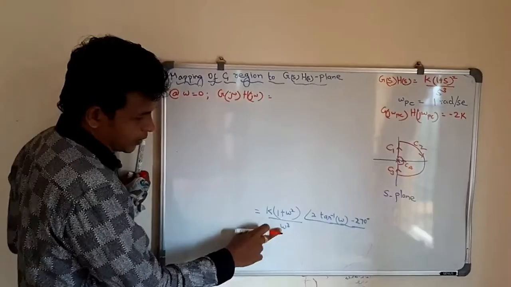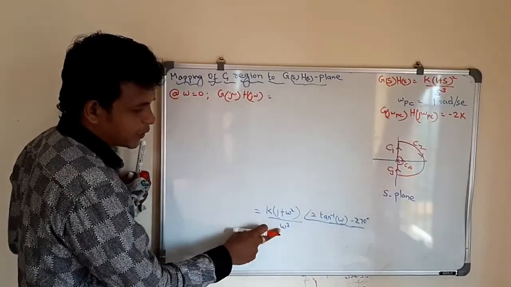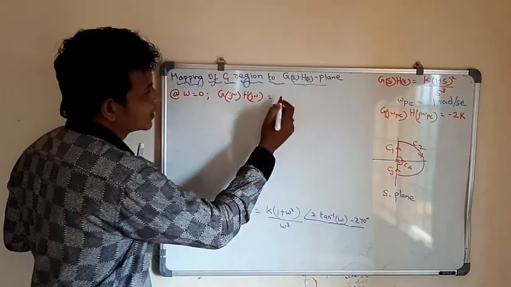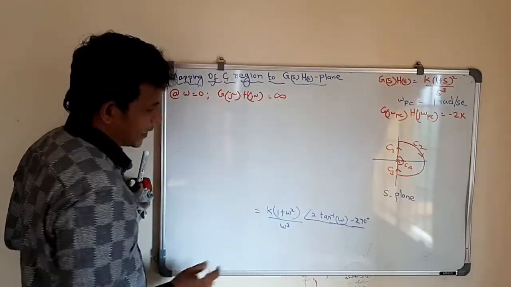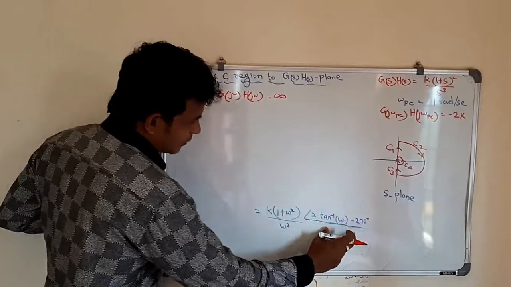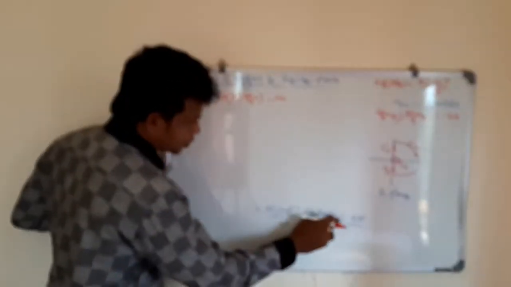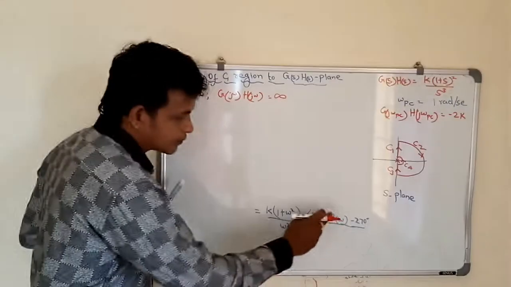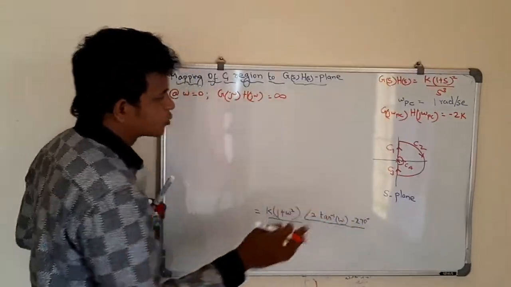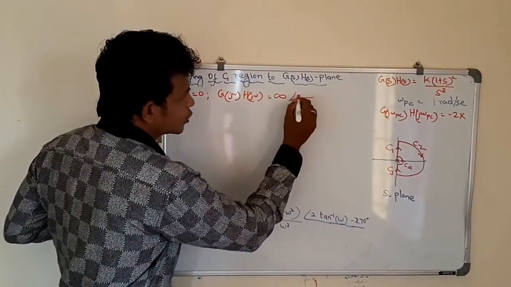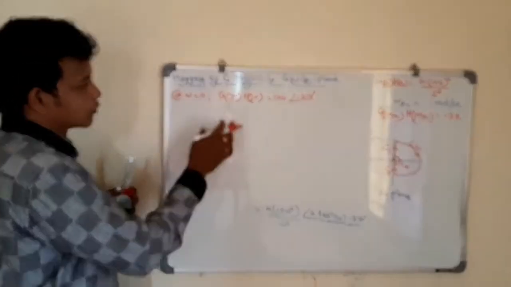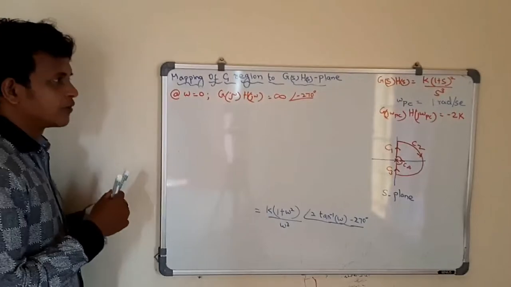Anything divided by 0 is infinity, so the magnitude is infinity. To determine the phase, substituting omega equal to 0, tan inverse of 0 is 0 degree, 2 times 0 degree is again 0 degree, minus 270 degree. So at omega equal to 0, the magnitude is infinity and the angle is minus 270 degree.